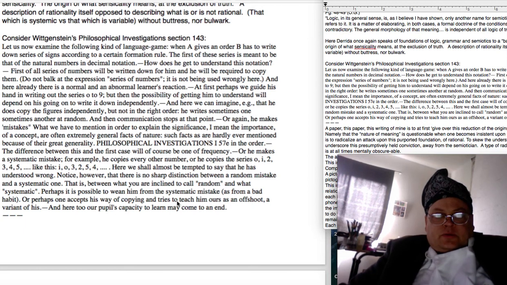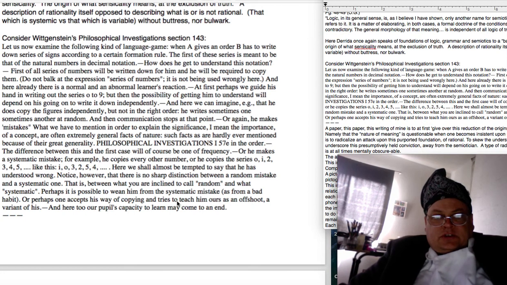First of all, series of numbers will be written down for him, and he will be required to copy them. Do not balk at the expression series of numbers. It is not being used wrongly here. And here already there is a normal and abnormal learner's reaction. At first, perhaps we guide his hand in writing out the series 0 to 9, but then the possibility of getting him to understand will depend on his going on to write it down independently.